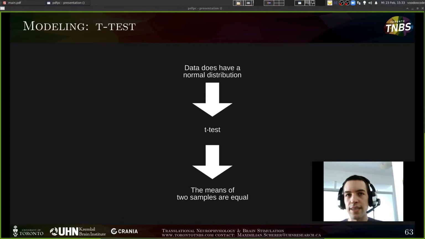Knowing that the data is normally distributed, we can conclude that taking the mean of our sample actually has a meaning, whereas if the data was not normally distributed, the mean would not necessarily have a meaning. And the same applies to the variance. If the data is normally distributed, the variance of the data has a meaning. This would not necessarily apply for any other kind of distribution.